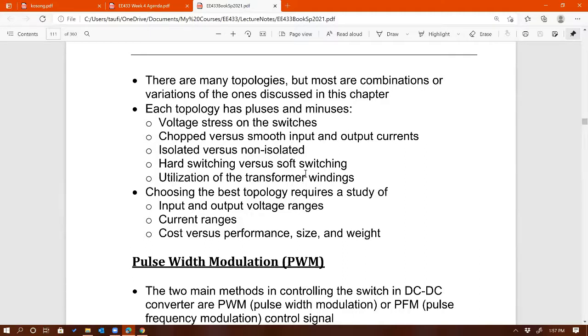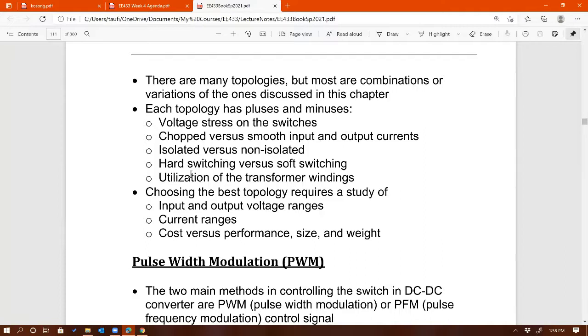And then another consideration, which is the last bullet right here, is how we would like to utilize transformers in the isolated topology. So if you do choose an isolated topology such as flyback, push-pull, or full bridge, then one question you can consider is how do we want to use the transformer?